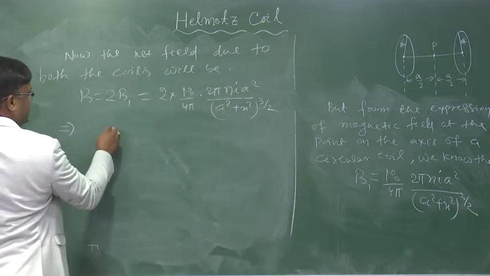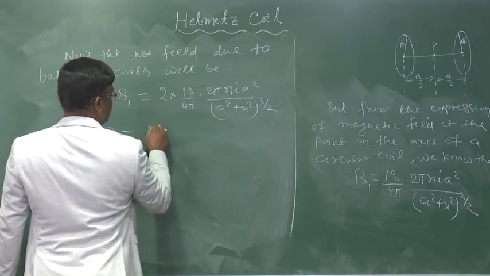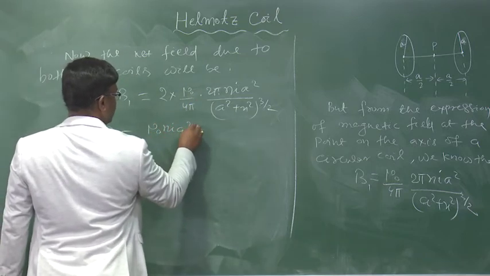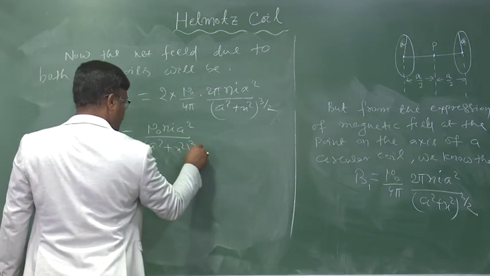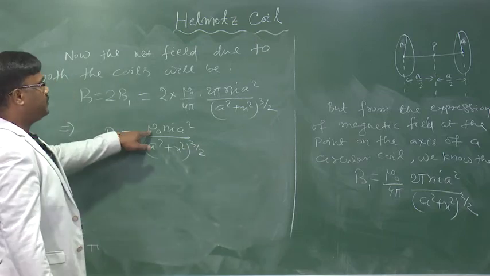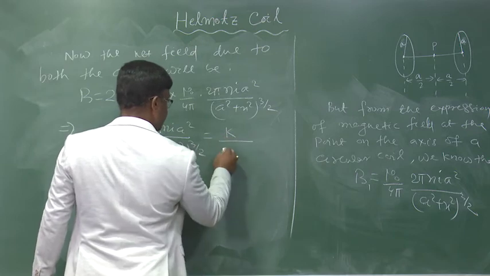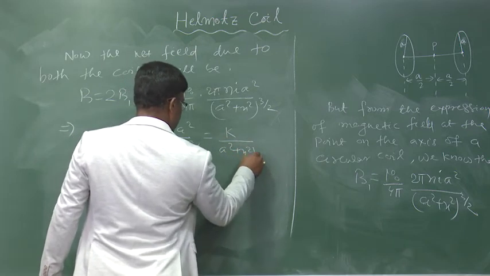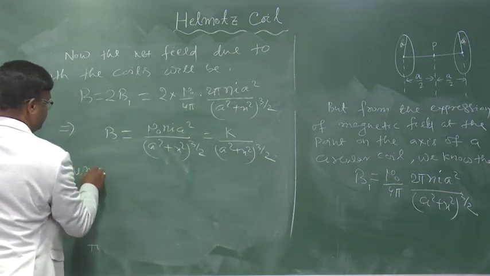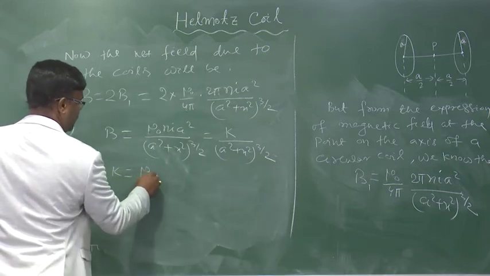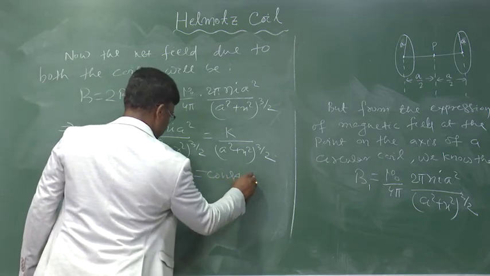The 4 pi gets cancelled, so B equals mu 0 n I a square divided by a square plus x square whole to the power 3 by 2. Since mu 0, n, I and a are all constant, this can be written as B equal to k into a square plus x square whole to the power 3 by 2, where k equals mu 0 n I a square, a constant.